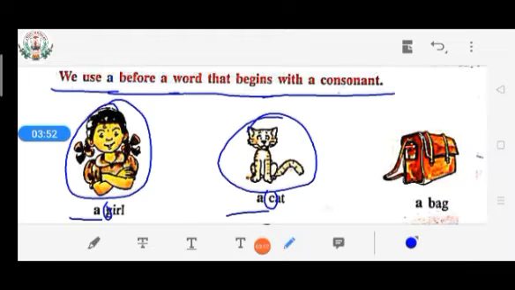The third picture is bag. The first letter of bag is B. It is a consonant sound. So, we will use a bag. So, by this explanation, you can understand, children, we use a before a word that begins with a consonant sound.